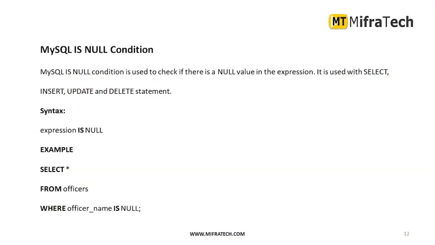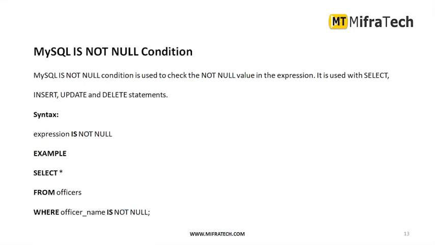MySQL IS NULL condition. The IS NULL condition is used to check if there is a NULL value in the expression. It is used with the SELECT, INSERT, UPDATE and DELETE statements. The syntax: expression IS NULL. Example: SELECT * FROM officers WHERE officer_name IS NULL. You can execute this code and share a snapshot of it.